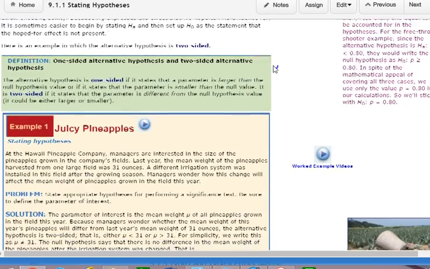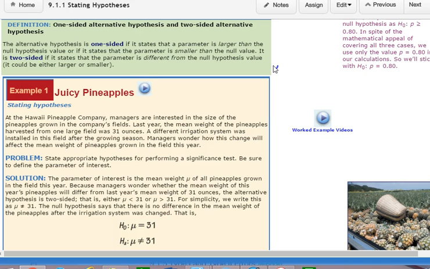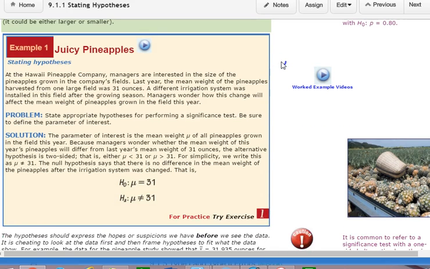Now, a two-sided test is when we are wondering if there is evidence that the null hypothesis has changed in either direction. Like, is it bigger or less than what originally was stated? So here's an example, the juicy pineapples example. At the Hawaiian Pineapple Company, managers are interested in the size of the pineapples grown in the company's fields.